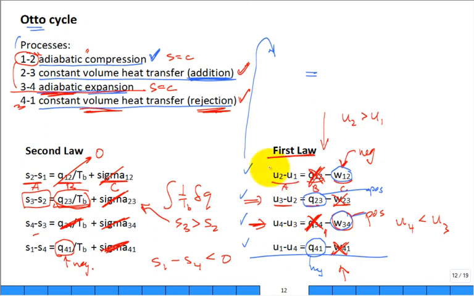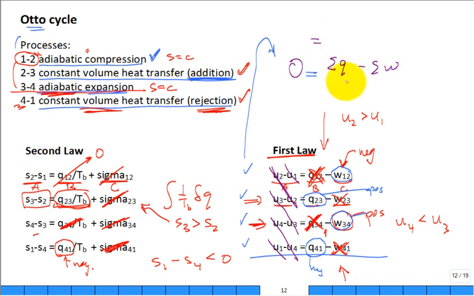These terms are going to cancel because U2 minus U2, U3 minus U3, U4 minus U4, and U1 minus U1, 0. If you add all 4 of those equations. And if you add all 4 of the other side on the Q's, you're going to get the sum of all the Q's, and you'll also get minus the sum of all the W's.